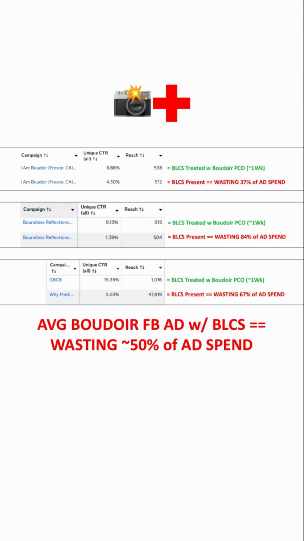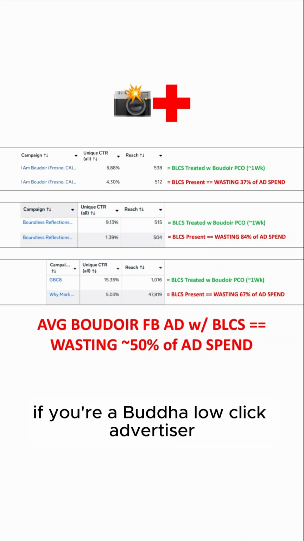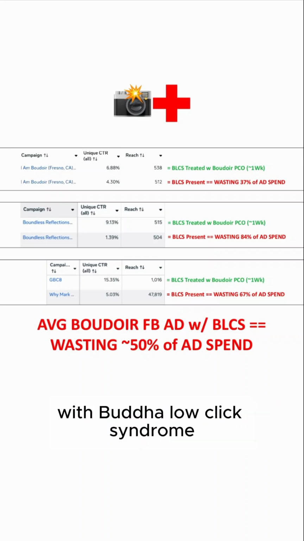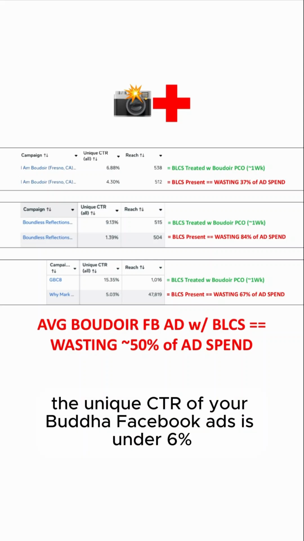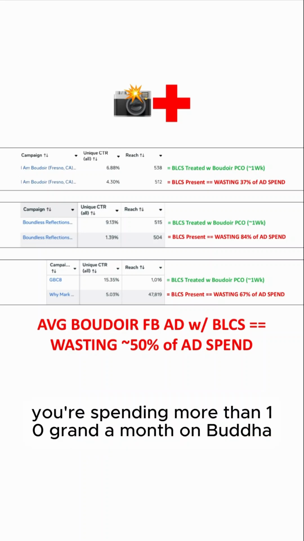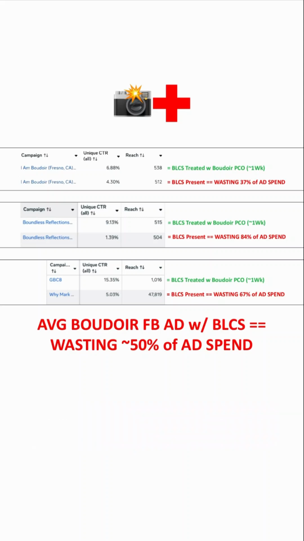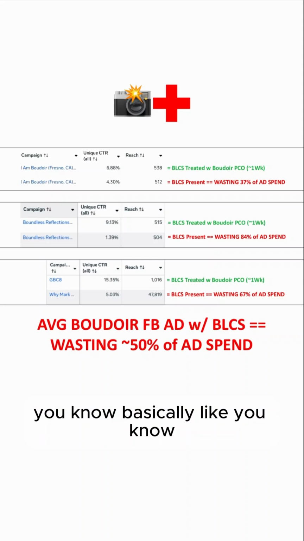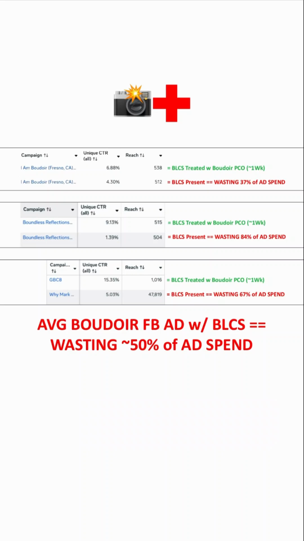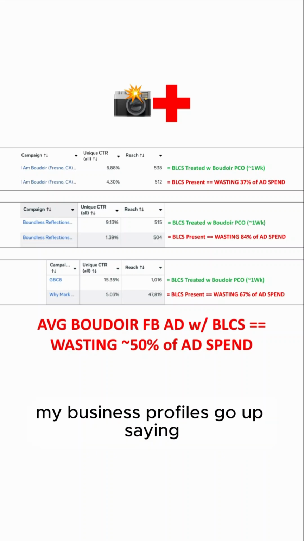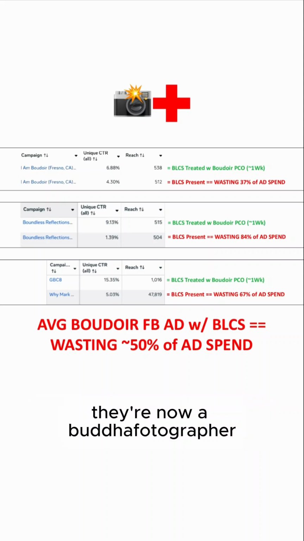All right, so if you're a BLCA with BLCS, if you're a Boudoir low click advertiser with Boudoir low click syndrome, the unique CTR of your Boudoir Facebook ads is under 6%, and you're spending more than 10 grand a month on Boudoir Facebook ads, and you're looking out into the marketplace, seeing it getting more and more saturated with more Boudoir photographers every day. Basically, it seems like anytime anyone gets a new iPhone, we're seeing more Google My Business profiles go up saying they're now a Boudoir photographer.